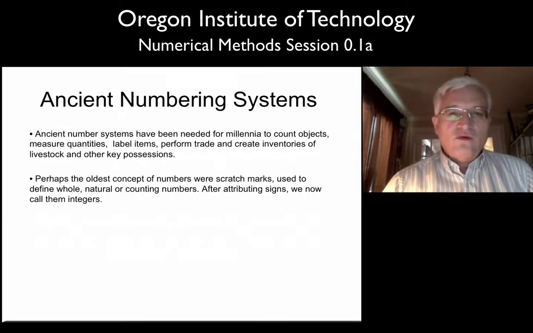These very old systems were too cumbersome. It wouldn't take long to get frustrated with keeping track of 50 or 100 or 150 goats using that many tick marks. So ancient societies realized they had a need to group some of these marks together, say in groups of 5 or 10 or 100, in order to have a more compact numbering system.